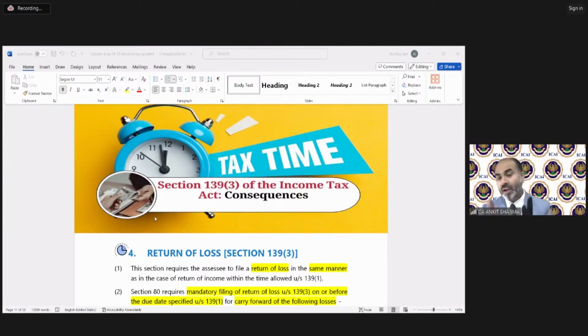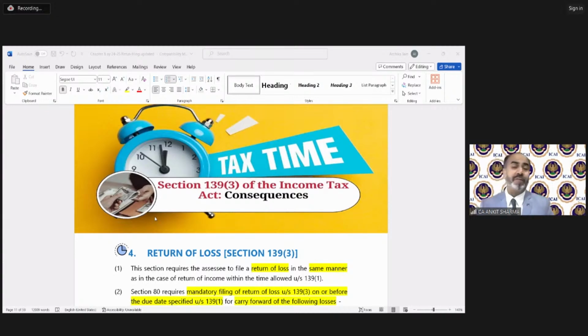If you incurred any loss under any head of income, and you are not able to set off that loss in the previous year, and you want to carry forward and set off that loss in subsequent years, then you have to file your income tax return on due date. That is one of the best advantages of filing income tax return on due date if you are carrying any loss.